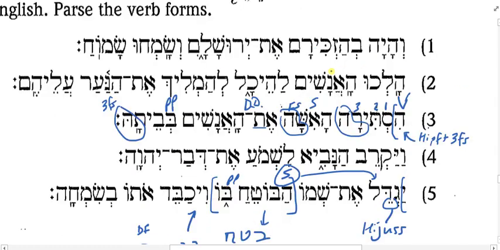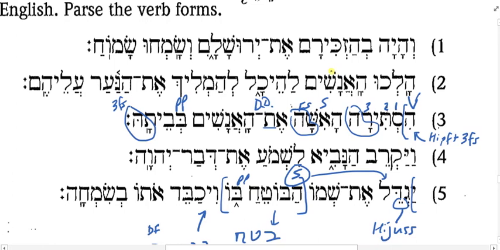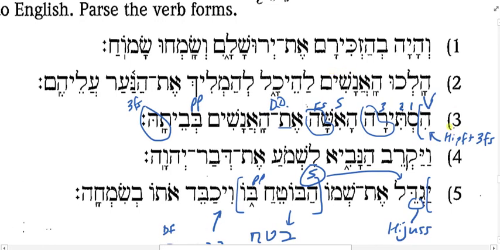What else? All right. Number 2. Let's read that out loud. Ready? Halekhu ha'anashim lahekhal lehamlich et hana'ar alehem. Okay, so Lester, how did you translate the first part of this?